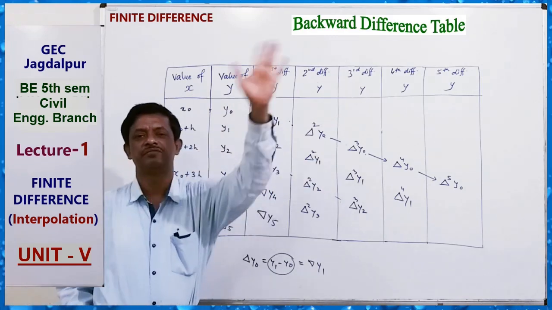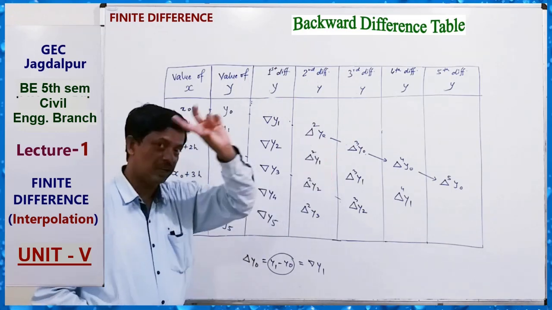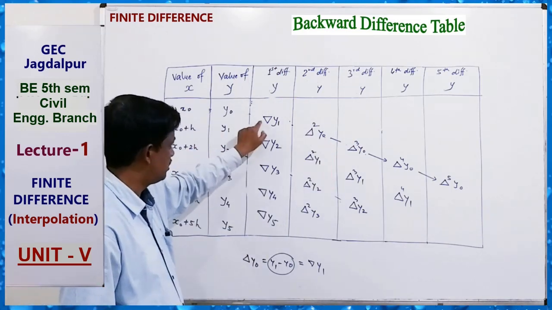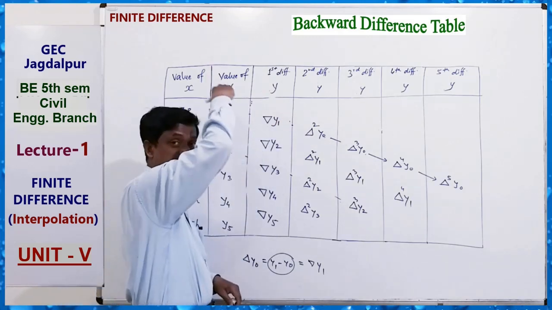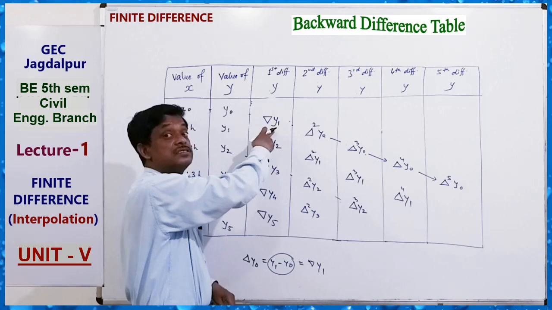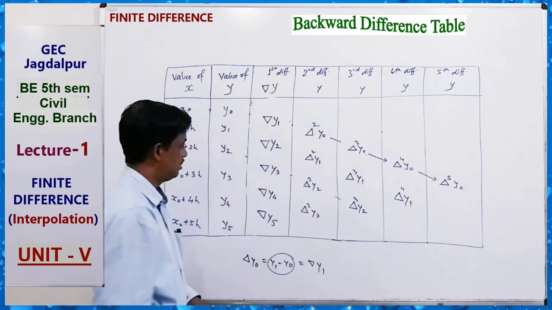Table creation is very simple, just the same process. But the notation, this value will be backward del y1. The previous time, it was the 0 notation. So here, first backward differences are there.